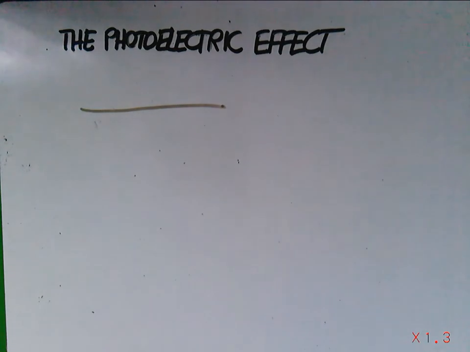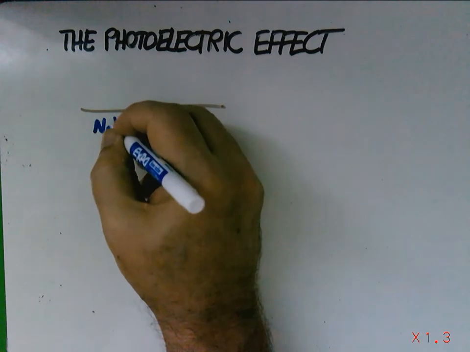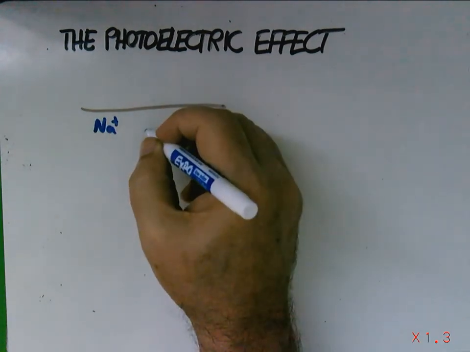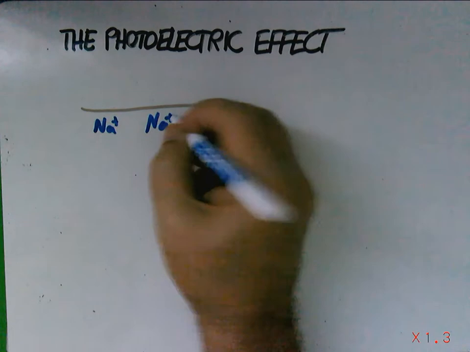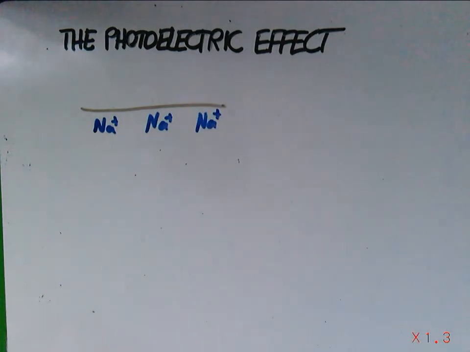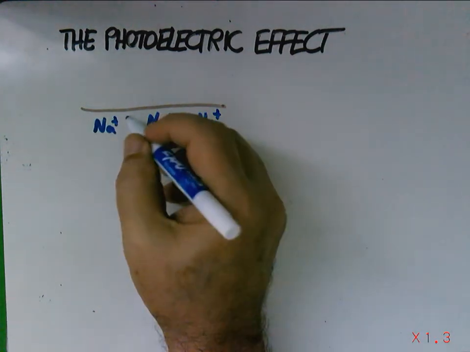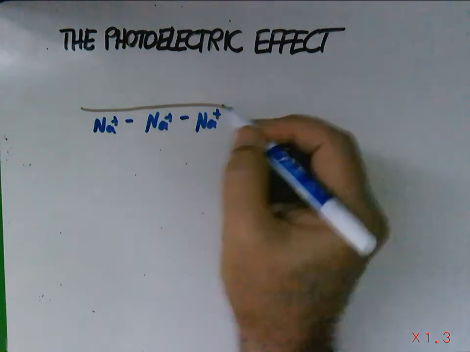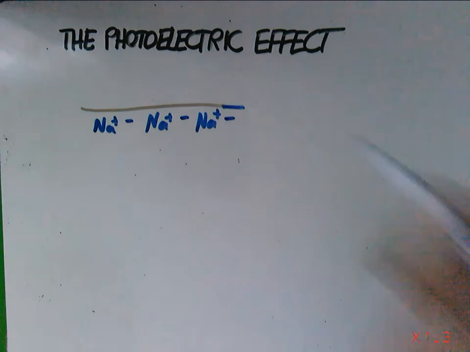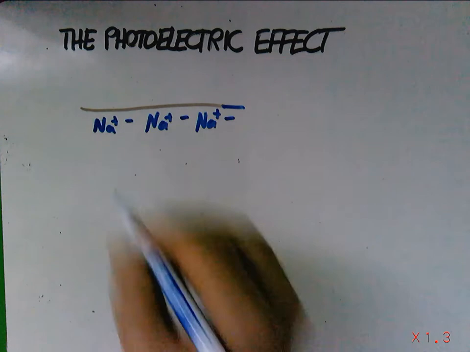We've got a metal. You would think sodium metal, let's say. You would think a metal would be a lot of sodium atoms, if it was sodium metal. But it's not. It's a lot of ions that have given up their electron. They've got one electron on the outside of the atom that's held on very loosely.